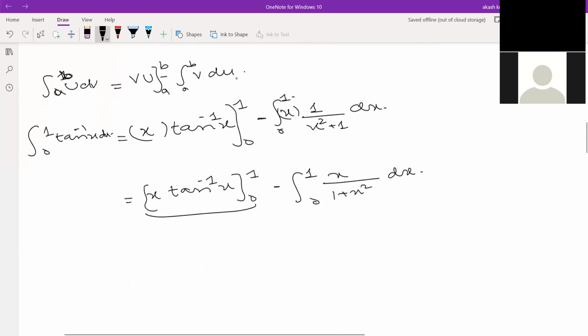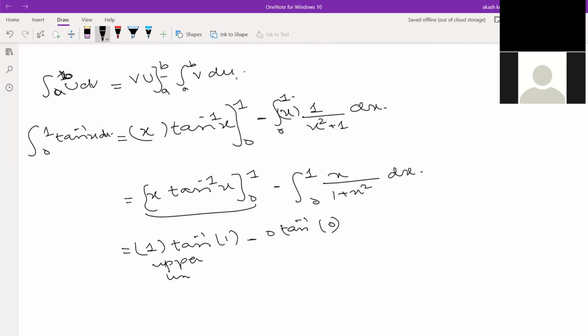Now applying upper limit minus lower limit: upper limit is 1, tan inverse 1, minus lower limit, which is 0, tan inverse 0. And then again we have this integral from 0 to 1 of x over 1 plus x squared dx.